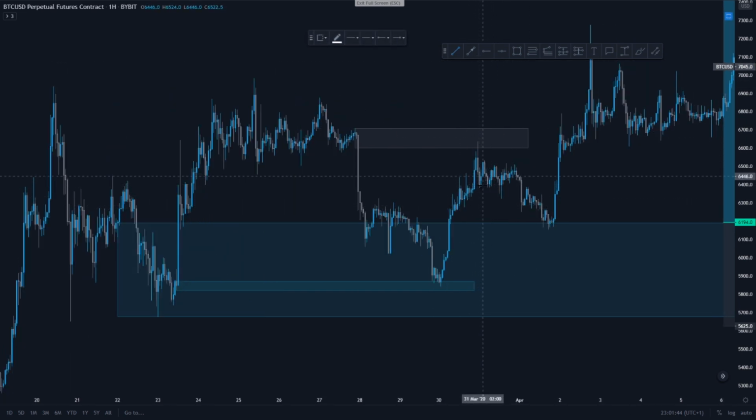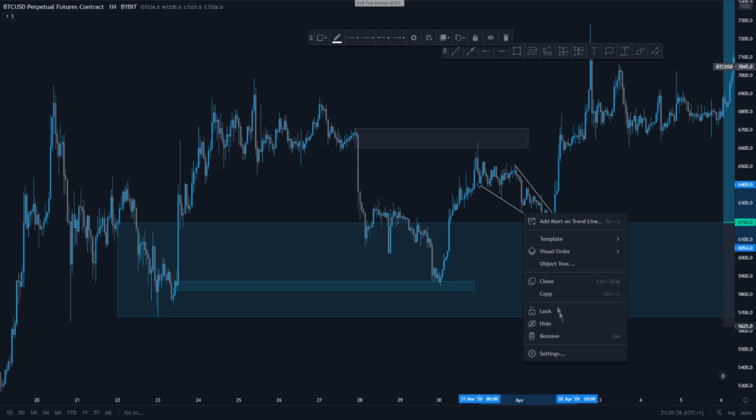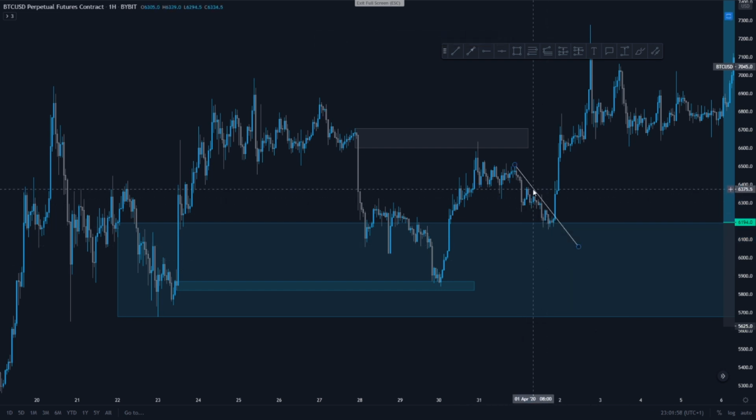Also, there was a nice falling wedge pattern, guys. For the pattern traders, they know it. We had a nice falling wedge. Price was squeezed there. Also, there were divergences on RSI and other indicators as well. So this rally was expected.